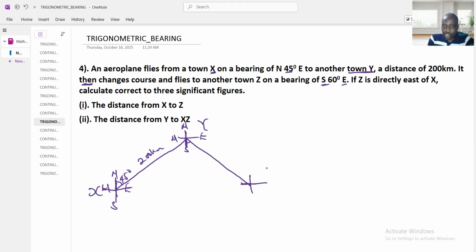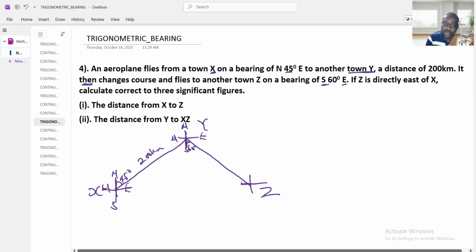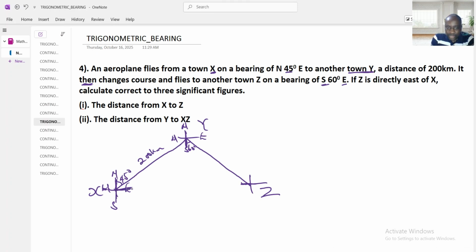If you look at the question, this will be Z. This one will be 60 because the question says from south to east. This way will be east. And the question says Z is directly east of what? Of X. This is X, this is the east. It's directly opposite of that east.